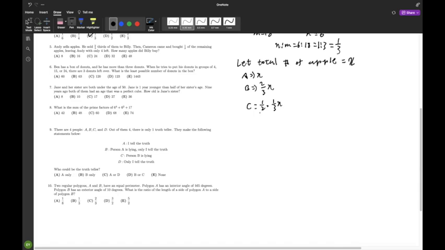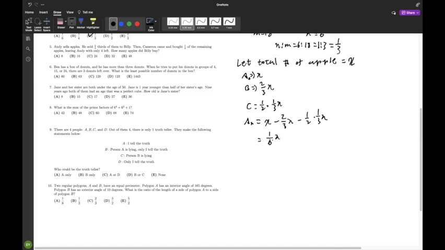Now, how many apples does Andy have right now? So A used to have x, but he sold two-thirds to B and sold this much to C. So calculating, we get 1 over 6x, right?